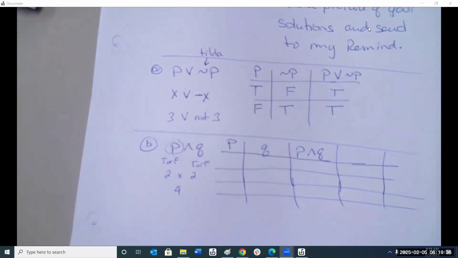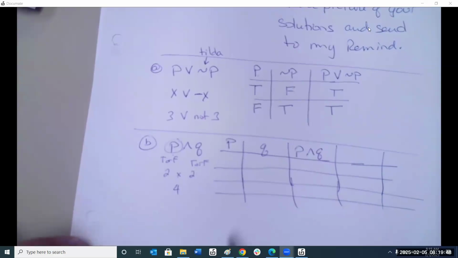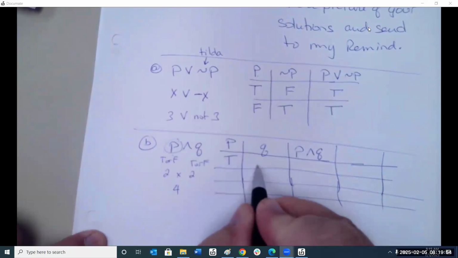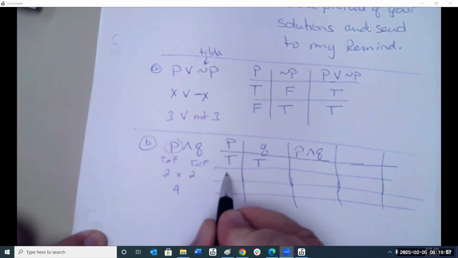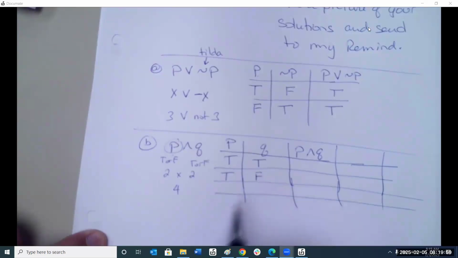Now, I've been looking at the solutions you guys brought me. Keep your logic the same way. Make the beginning parts of your truth tables the same. So what can be the possibility of these first 2? True and true. Then true and false.